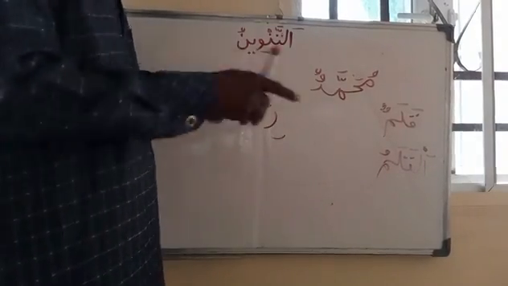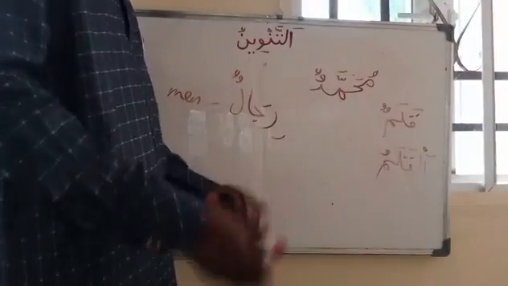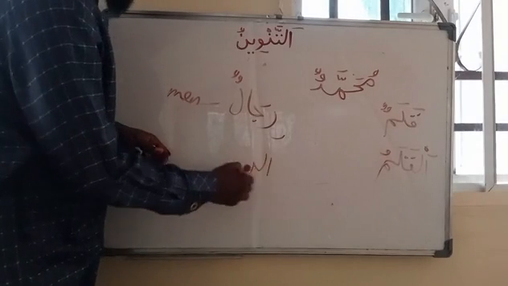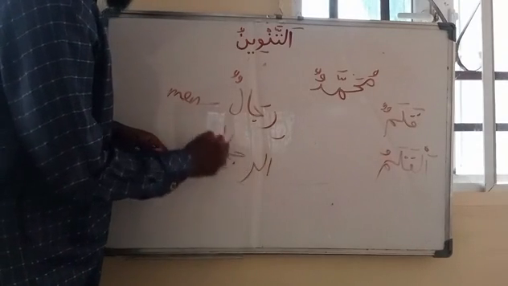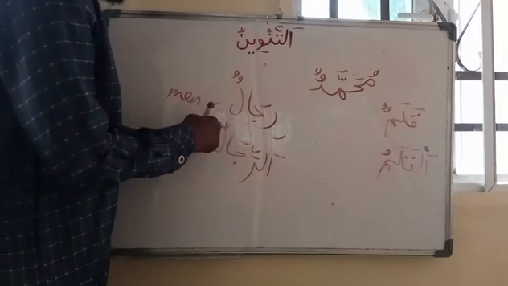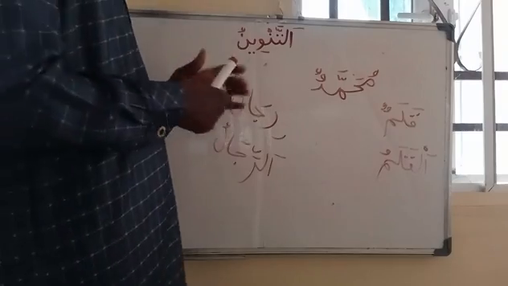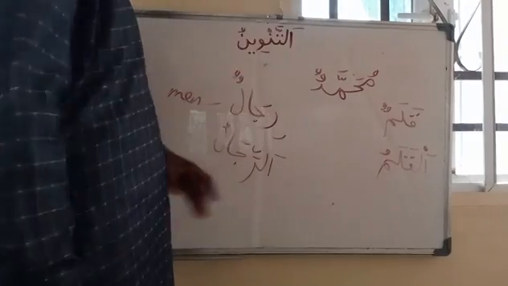But men are indefinite. It could be any number of men, any group of men. But when we say ar-rijalu, it makes it definite. The men, sometimes you are referring to a specific group of people we call men.